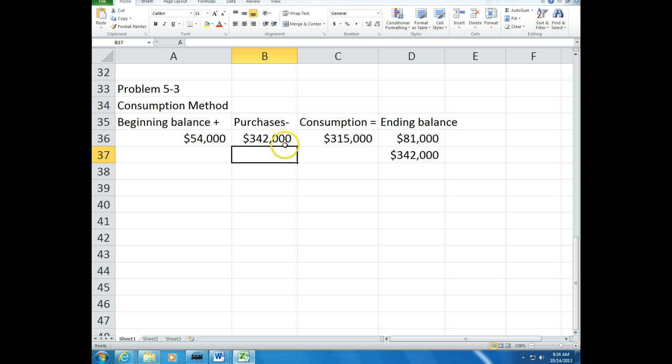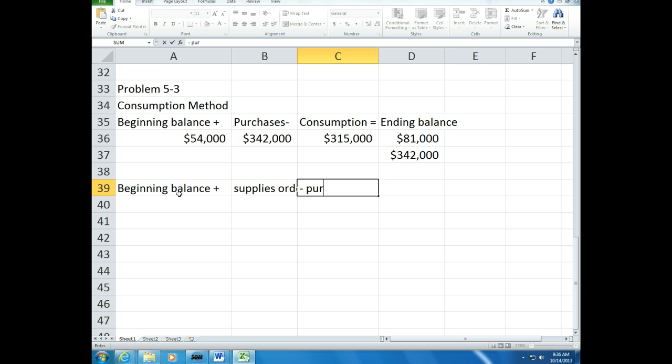Okay, so what did we start with? Our fund balance assigned of 9,000 post-closing. Let's just look here. Beginning balance plus supplies ordered minus purchases equals ending balance.